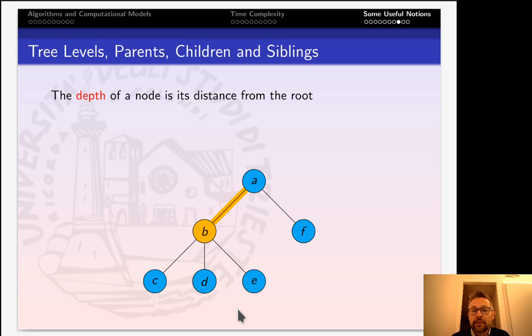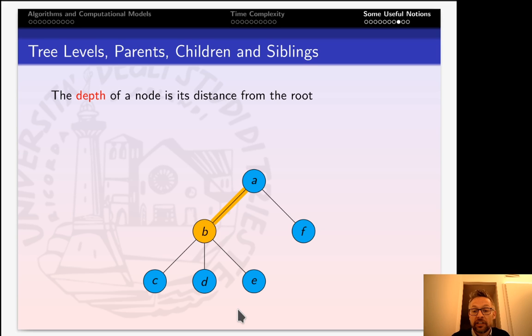So what's the depth of a node? Well, the depth of a node is the distance from the root. Okay, so in this case, for instance, we have the node B, and if we ask ourselves what's the depth of B, well, the depth of B is 1, because the distance from B to A is 1.